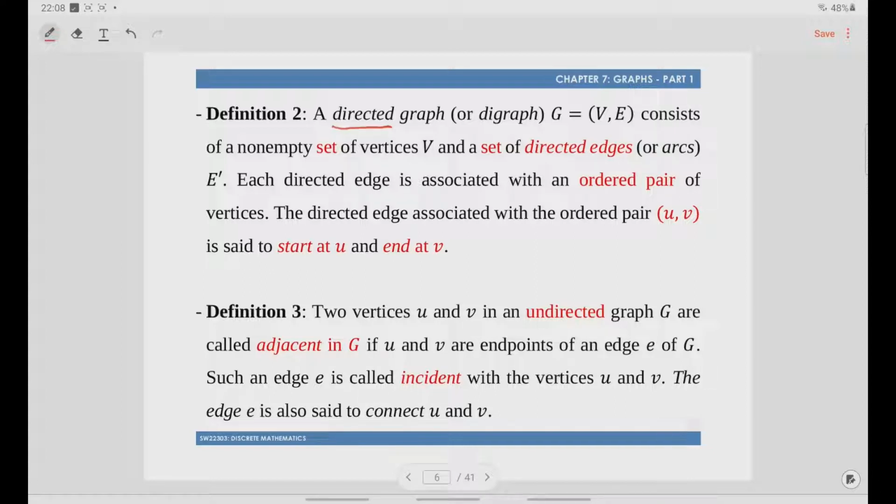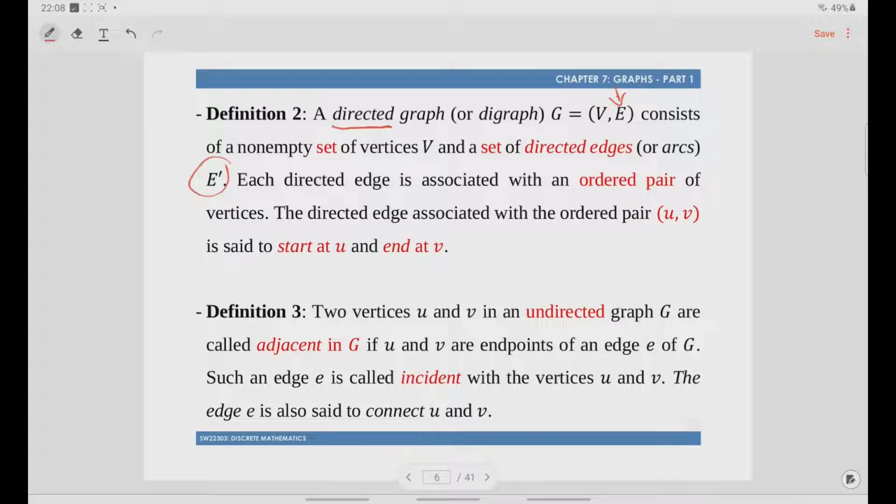But for the directed graph, the set E is a set of directed edges, or sometimes called arcs, which can be denoted by E prime to distinguish it from the ordinary edges.